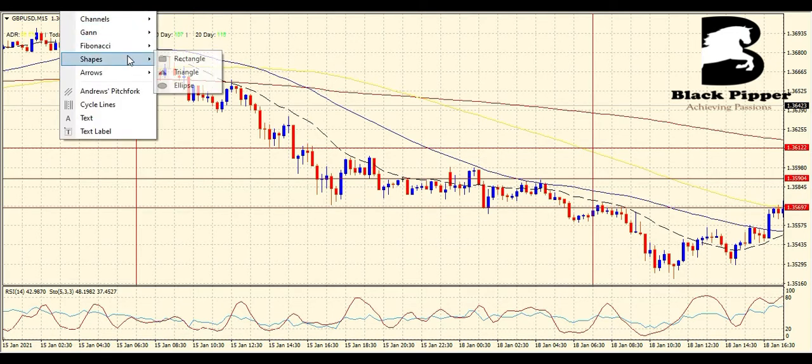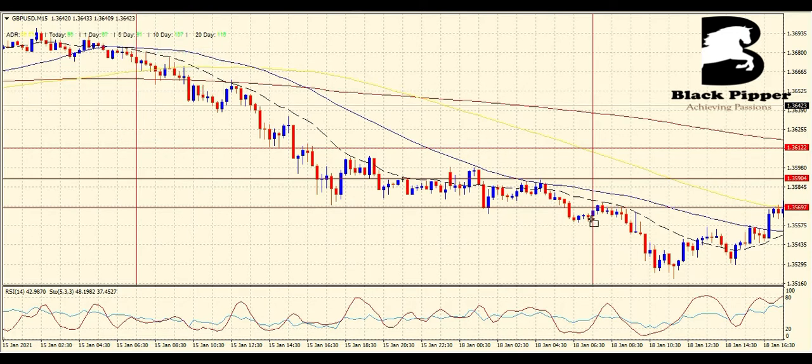Let's mark the consolidation first. Just keep in mind this vertical line is at 5:30 GMT. Let's mark the consolidation from here; this is a very small, very minor up wave.